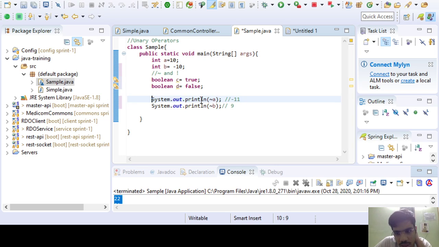It is the minus of the total positive value which starts from 0: minus of minus 10 will be minus 11. Here, positive or total minus starts from 0, then minus of minus 10 is plus 1, which means you will get 9.